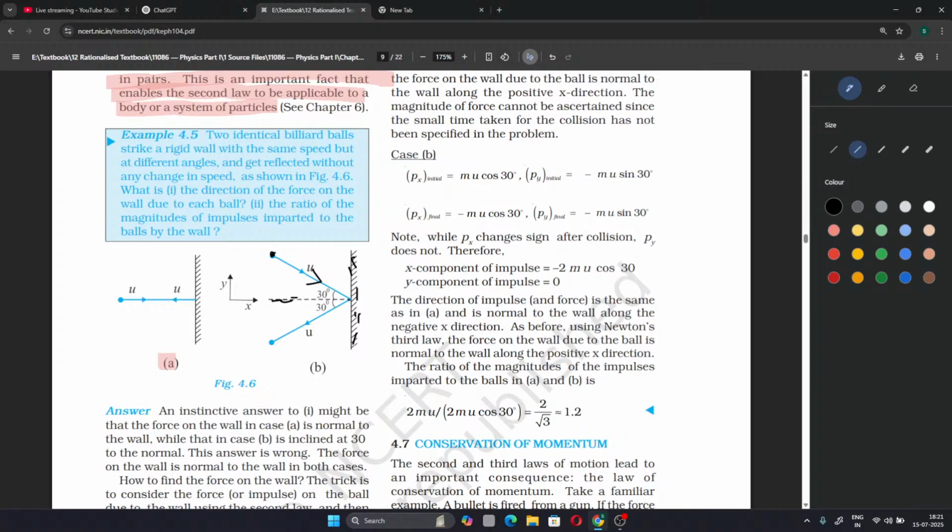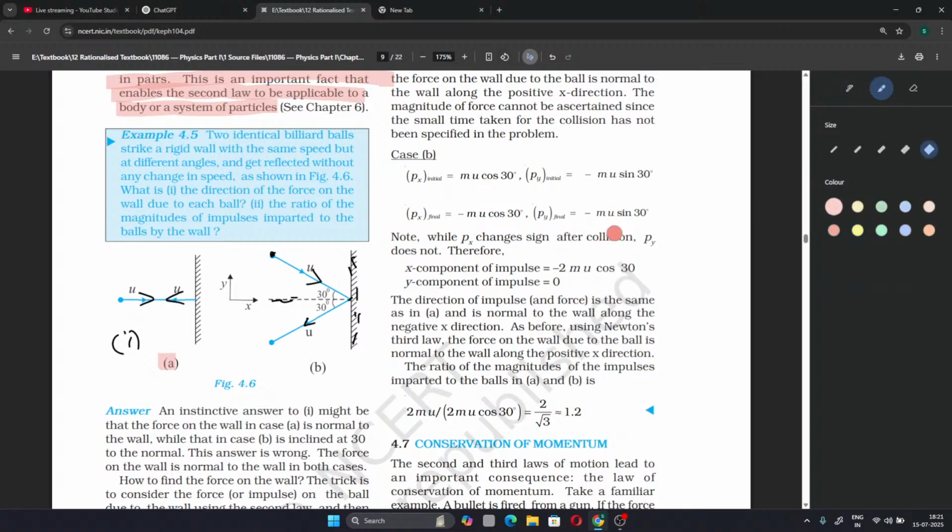And in the same way, it is again making a 30-degree angle here and getting reflected like this. But the speed remains the same. The direction of the velocity changes, but the speed remains the same. In the first case as well, the direction of the velocity changes. It is exactly opposite: the first is coming this side, now it is going this side.